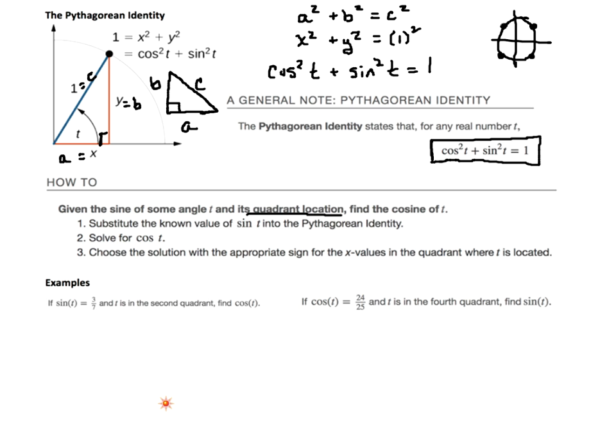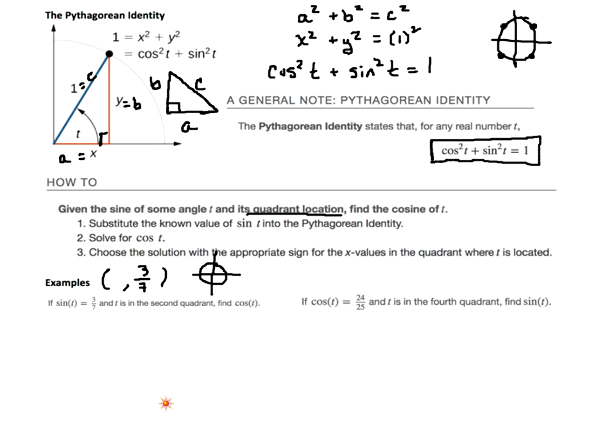All right, so we are given here that the sine of t is equal to 3/7. So what I already know is that my y value is 3/7. And I'm also told that that central angle t lands in the second quadrant.